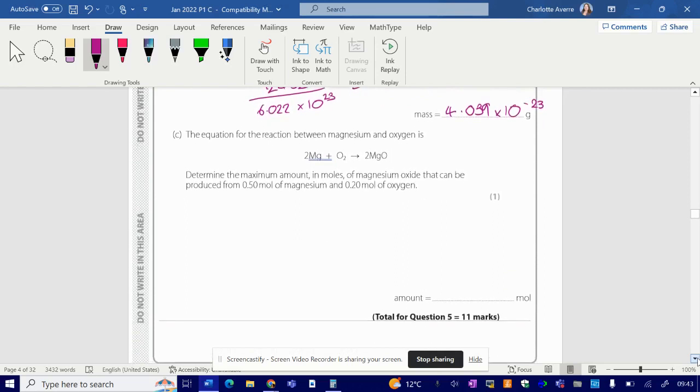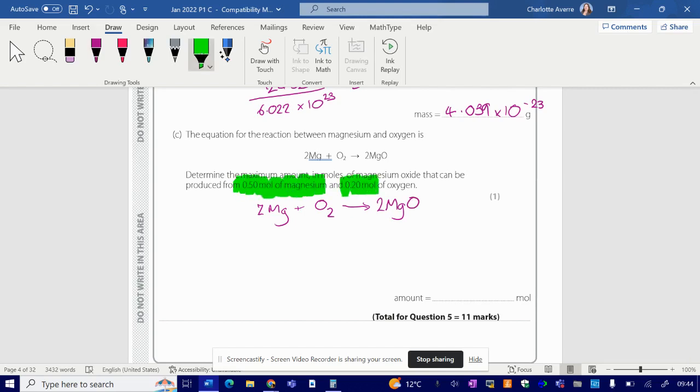Equation for the reaction between magnesium and oxygen is as follows. Determine the maximum amount in moles of magnesium oxide that can be produced. Okay, so in this question we've got a number of moles of magnesium and a number of moles of oxygen.